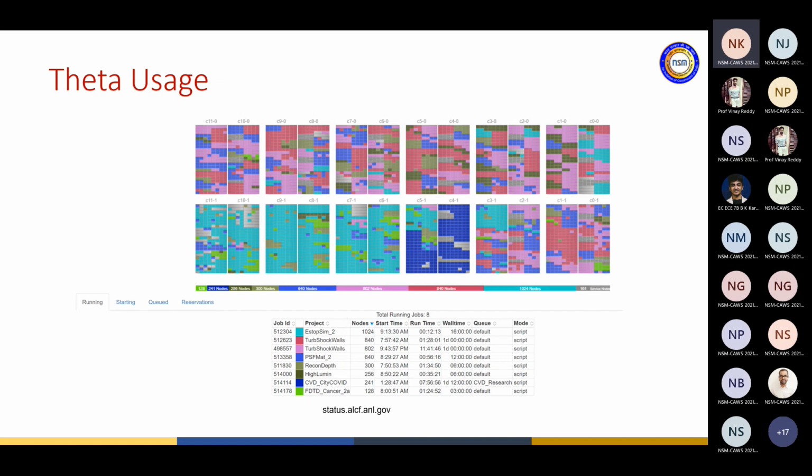Here what I am showing is what I just told about the job allocation. The top portion shows the usage of a supercomputer called Theta, which is installed in Argonne National Lab and uses Intel's Knights Landing processors as the computation unit.